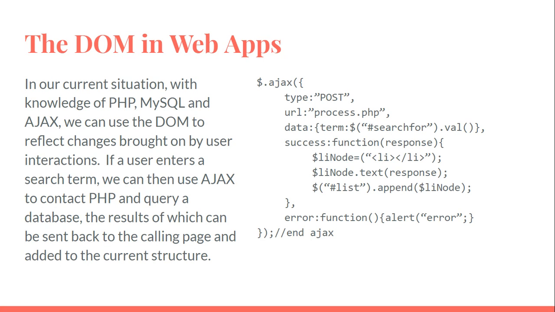It's just one more thing that we can do in the result of an Ajax call as a way to take what's coming back from PHP and MySQL and integrate it into the page that we're currently viewing without having to refresh that page or to go to another page.